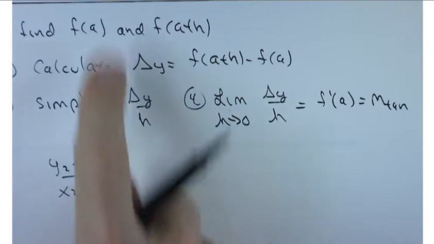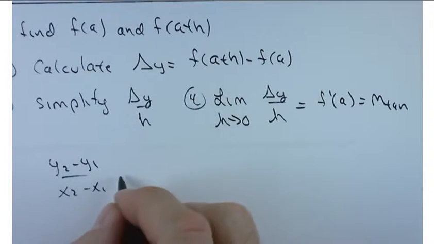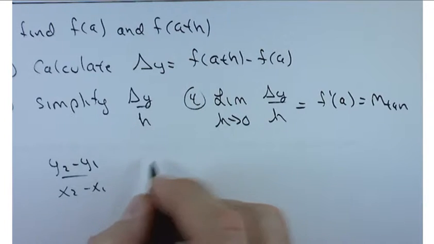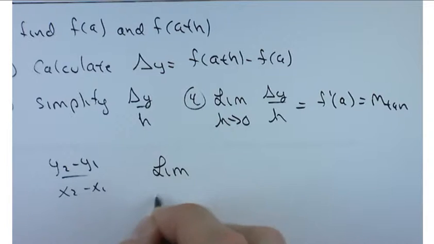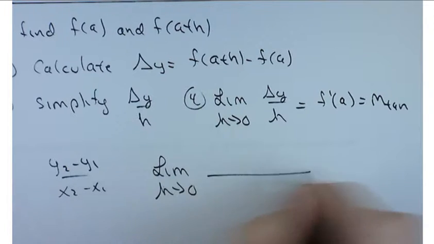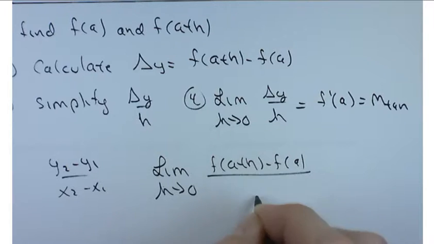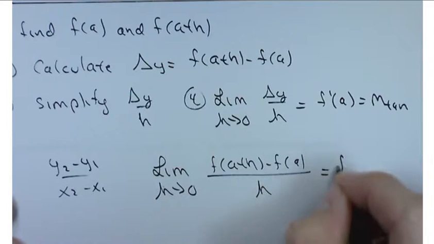If you fill that in for these two pairs of points and then took the limit as h approaches 0, you would get this limit: the limit as h approaches 0 of f of a plus h minus f of a over h. That's effectively what you're calculating, and that's going to be f prime of a.